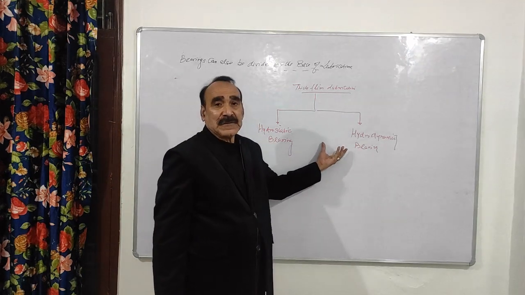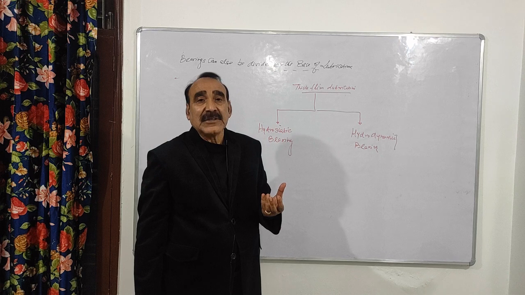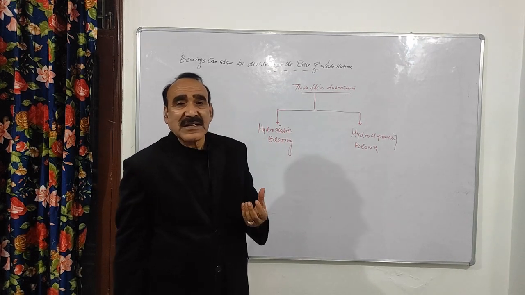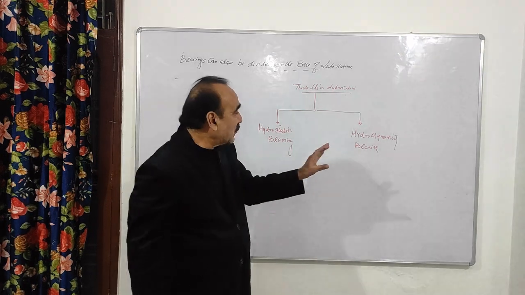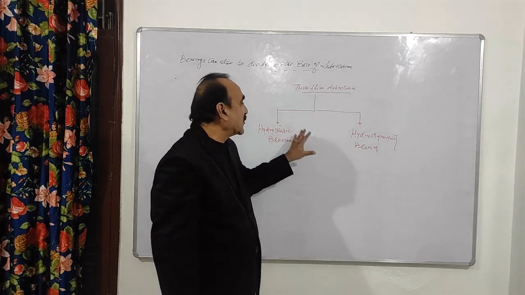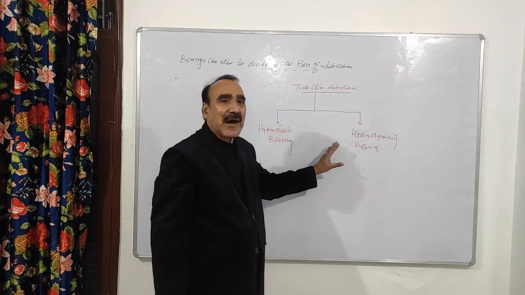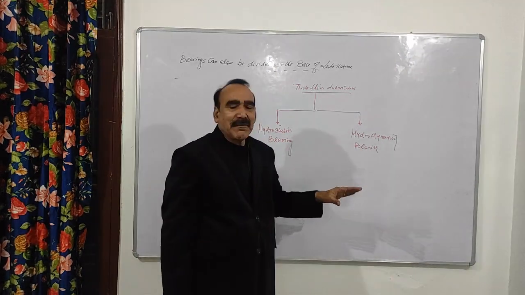Due to this, the pressure is created between the bearing surface and the shaft surface, right? The pressure is created. So this is the way that the pressure is created, and on that basis the bearing is divided. One is hydrostatic bearing and one is hydrodynamic bearing.